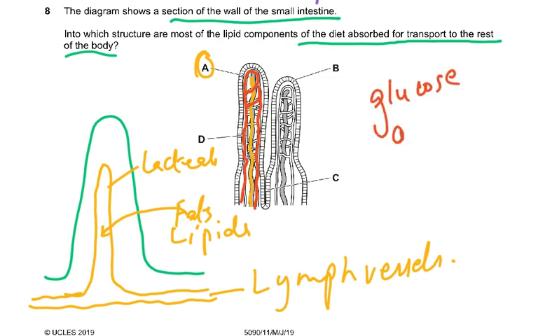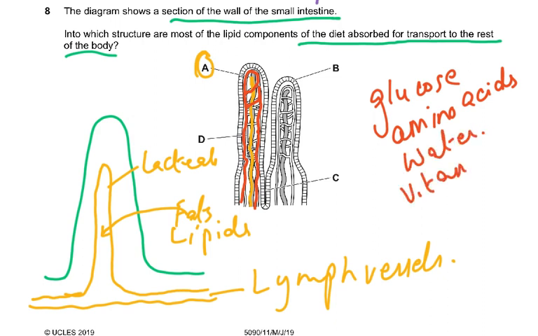So the glucose, which is from the bread that you ate, from the meat or the chicken that you ate, amino acids and water and vitamins and calcium. So if you had milk, then calcium would be entering into the capillary network, which I've drawn in red. So just a quick revision of this chapter.